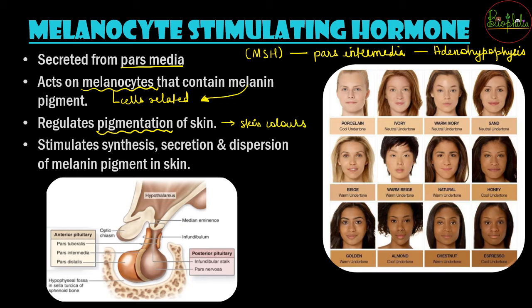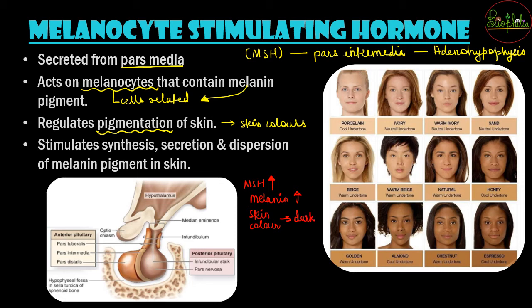So skin color, how is it going to be? The synthesis, the secretion, the dispersion of the melanin pigment, all will be under the control of the hormone, that is melanocyte stimulating hormone. So for example, if MSH secretion is going to increase, secretion increase हो रहा है, that is melanin pigment is going to increase, and when melanin pigment increases, your skin color or your skin pigmentation is going to become darker.